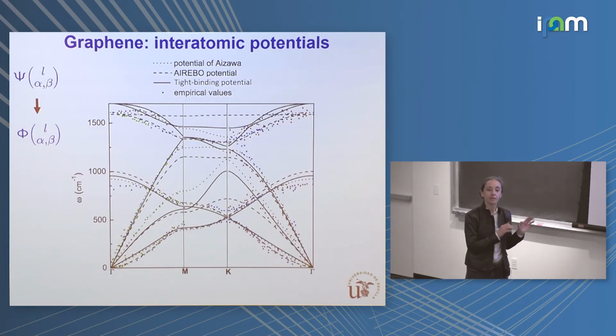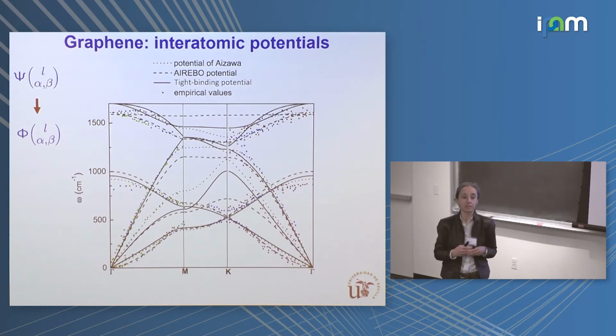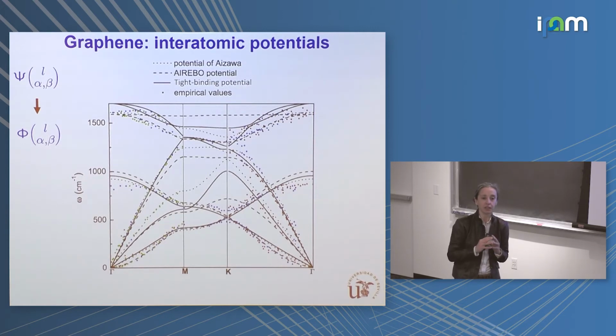No, we get the harmonic part of the interatomic potential, which is the one we need in order to use our harmonic energy. That is in a very simple form, and it's going to give you the structure of the core of the defects, and from there you just relax the configuration.